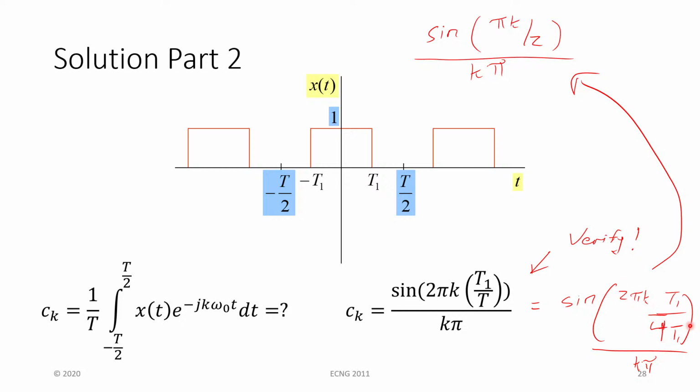So this entire value here in the brackets will end up being sine of pi k divided by 2, all divided by k pi. And when it's time to actually solve for the values of those harmonics, our amplitudes, that basically means that we'll substitute k equal to 1, k equals 2, and k equals 3.